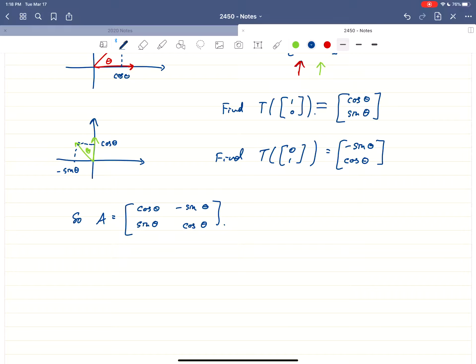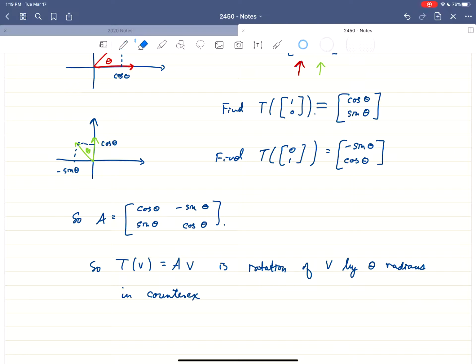It turns out that if I take any vector v and multiply it on the left by A, that's going to correspond to a rotation of v by theta radians in the counterclockwise direction.